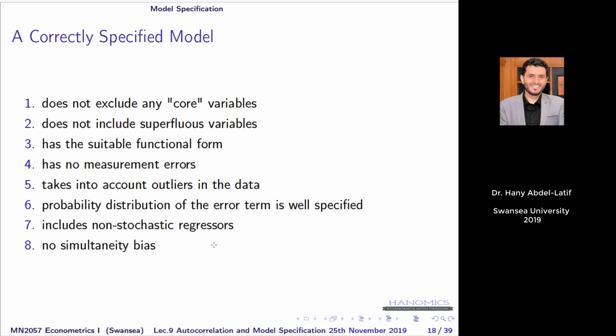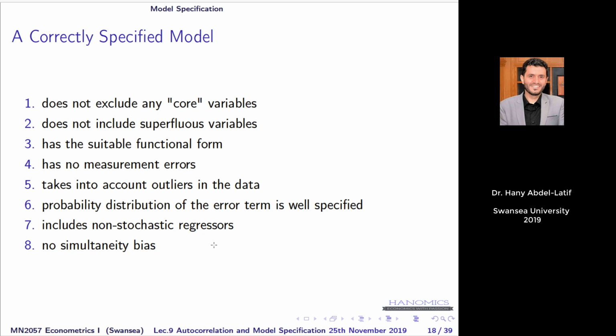The second point, again, what we mean by a correctly specified model, is that you don't include variables that are not relevant, that are not important. You see, we mean so many things by a correctly specified model. One, you don't omit important variables. Two, you don't include variables that are not relevant. Three, you have a suitable functional form.